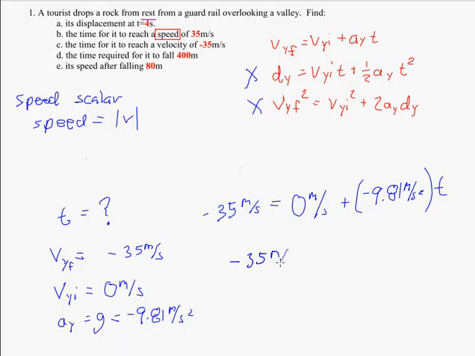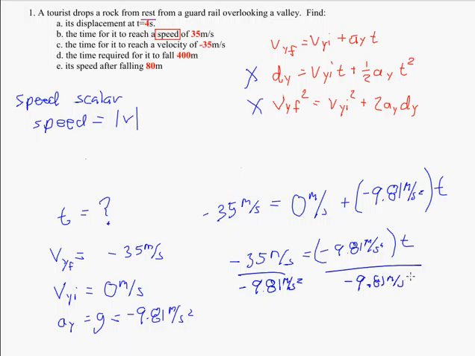I don't want to get ahead of myself. So now you want to divide both sides by this acceleration here. Divide both sides by negative 9.81 meters per second squared.